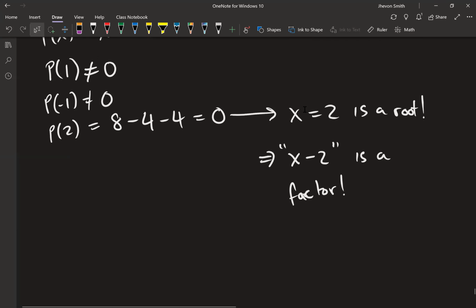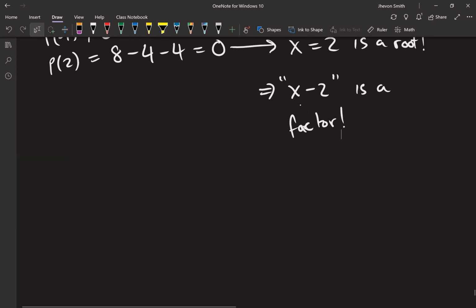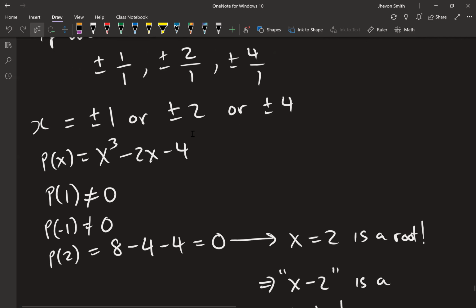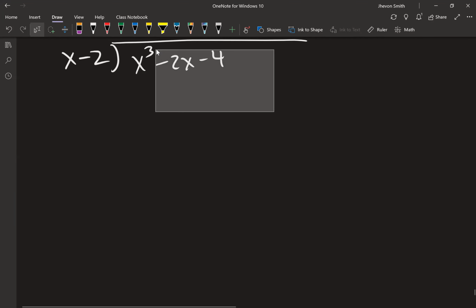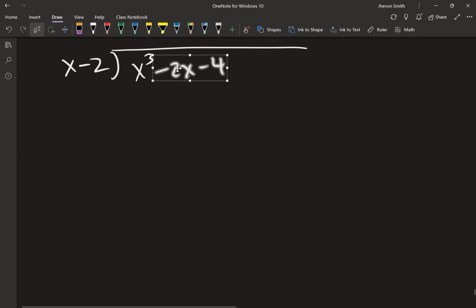And so what that means is that I can divide the x minus 2 into this guy, which is another reason why we need to remember polynomial long division. Of course, remember, we have to account for all powers counting down. So I need to leave space for the squared term here.